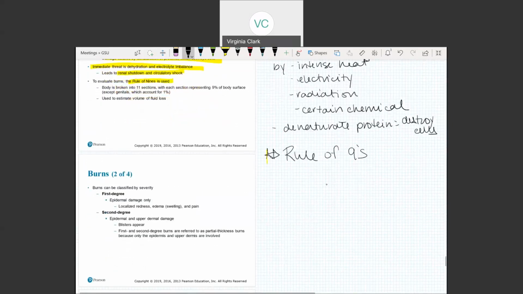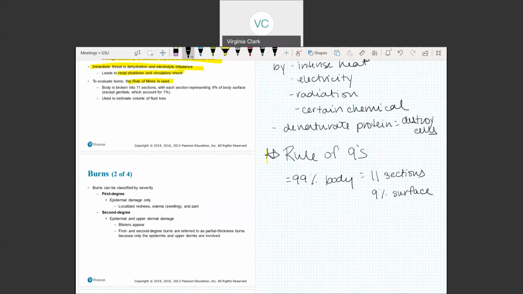Basically, 99% of your body is broken down into 11 sections. Each section is going to be 9% of the surface of your body. What they're excluding is the 1% for your genitals.